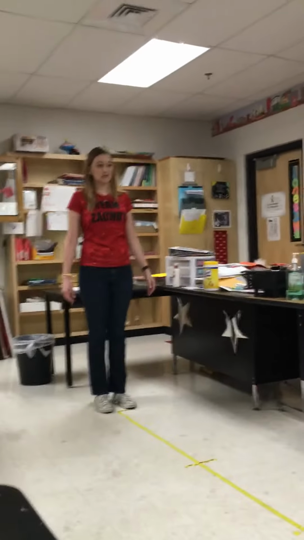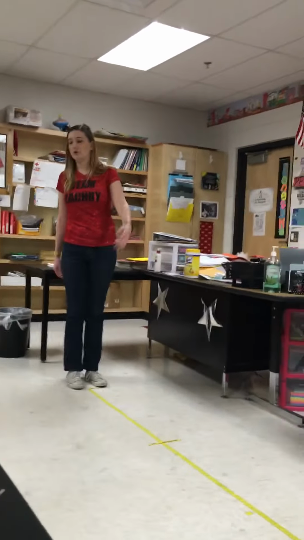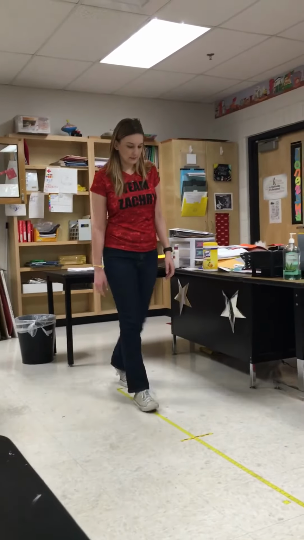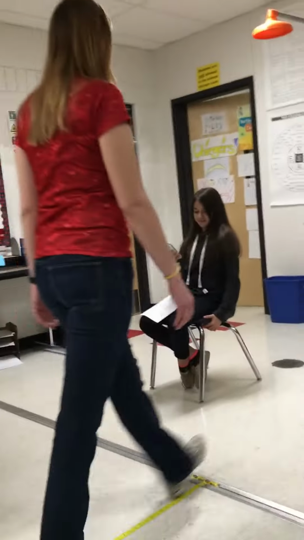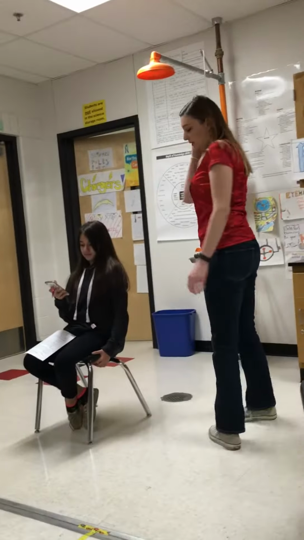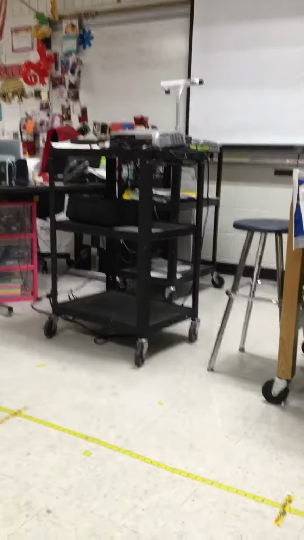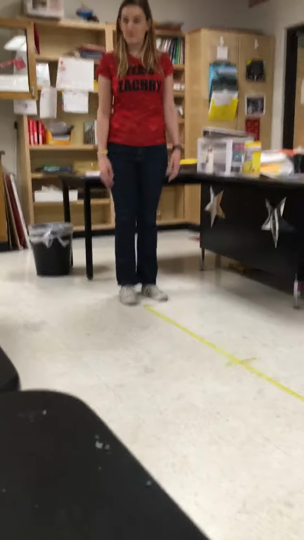Rita has reset the stopwatch, so I'm at 0 seconds. And I'm gonna walk normal for 5 meters. She's gonna tell me when to start. Start. Okay, so it took me 5.5 seconds. My time was 5.5 seconds, and now I'm gonna do the fast walk.